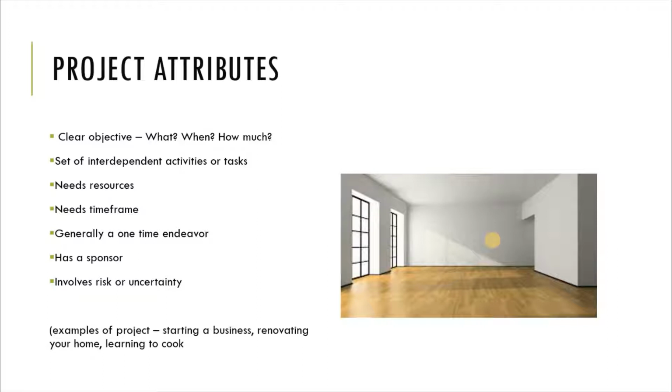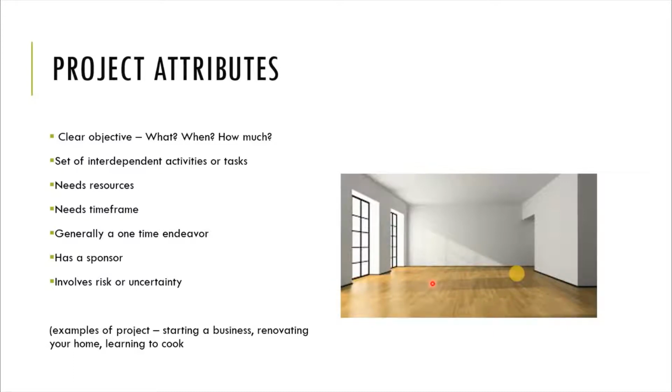The next is the set of interdependent activities or tasks. A project is carried out by a set of interdependent tasks or activities to achieve the project objectives. For example, if we are doing a makeover of a room, first we need to clear out the existing furniture, we need to sand the walls, we need to paint the room, and then we need to restock the furniture.